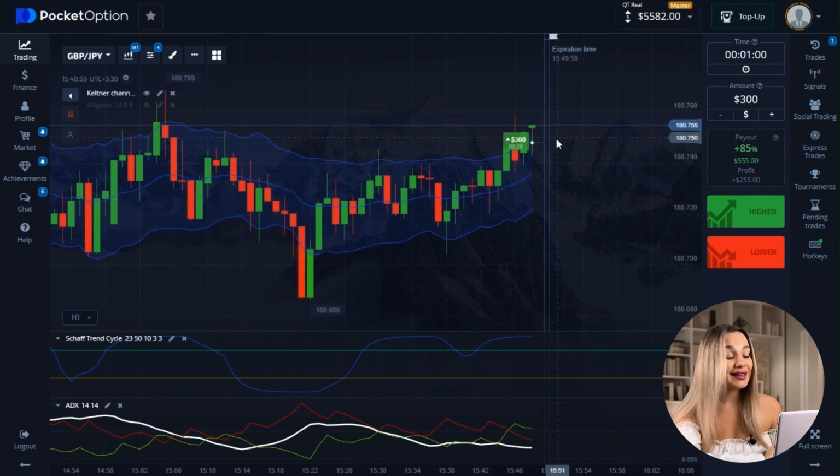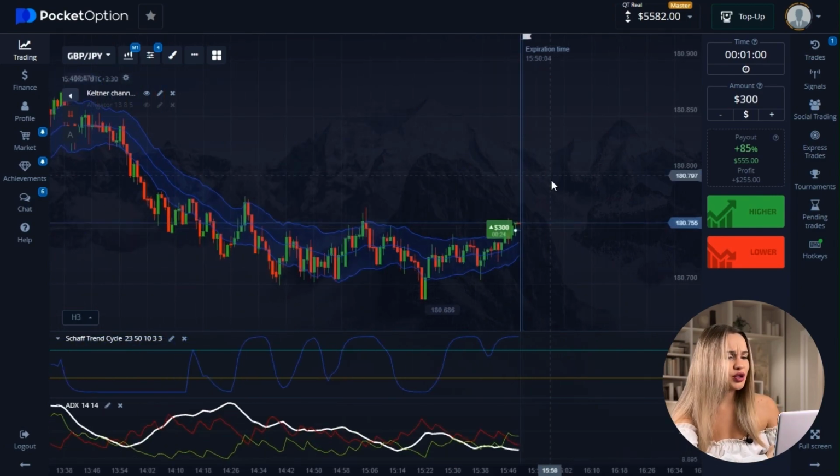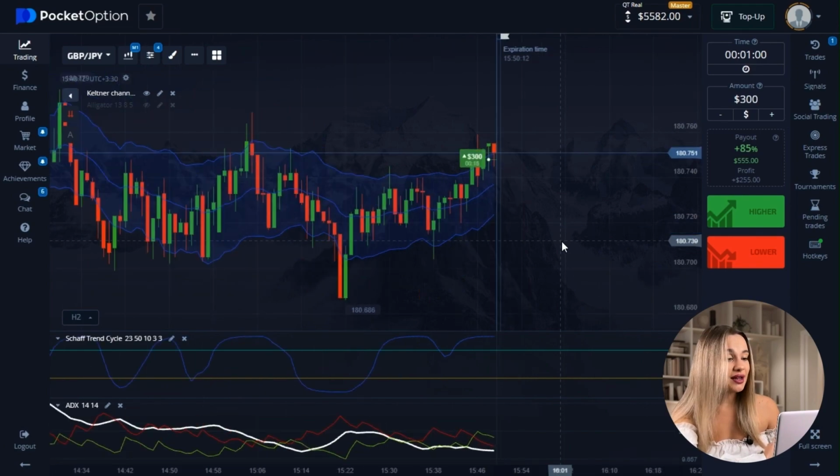The Schaff trend cycle has smoothed out these fluctuations again, but let's not rush to praise. We can only talk about results when the money is safely in our trading balance. Moreover, this oscillator has its drawbacks too. It would be a huge mistake to rely solely on it.